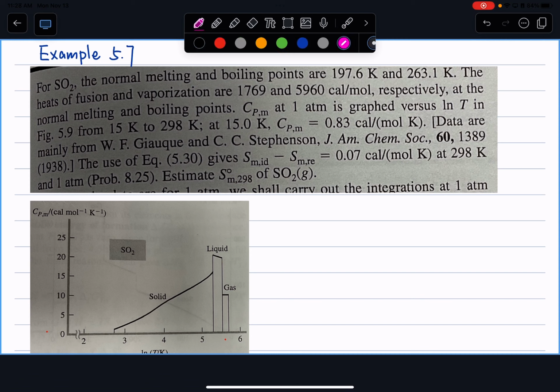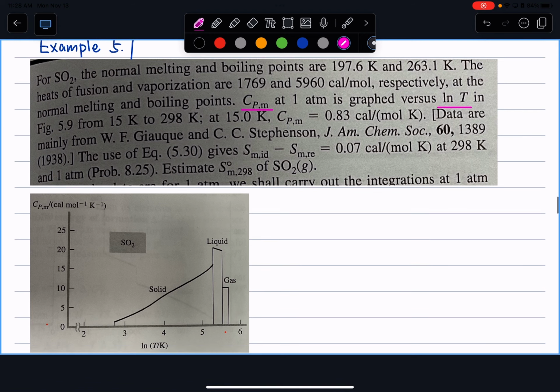One of the things to pay attention to: we're talking about CPM versus ln K in this figure. This plot is from 15 K to 298 Kelvin. Again, we don't know what heat capacity looks like below 15 K, so we don't have that number here. It tells you some more information. At 15.0 K, your standard heat capacity equals 0.83.